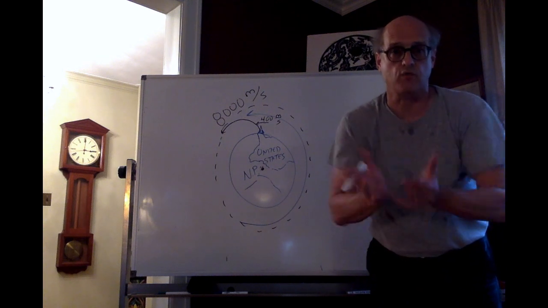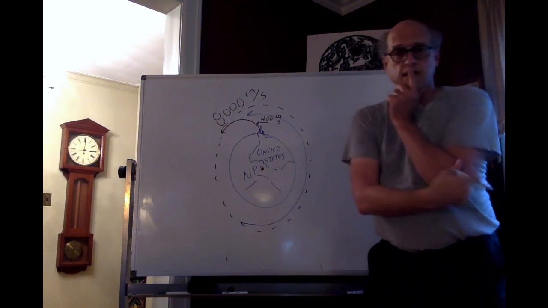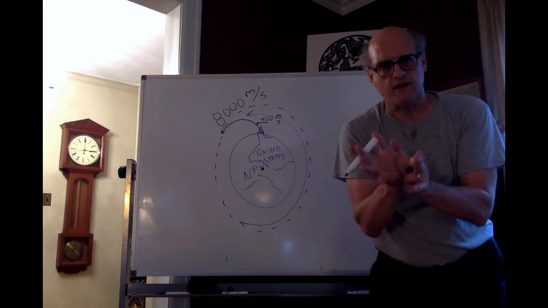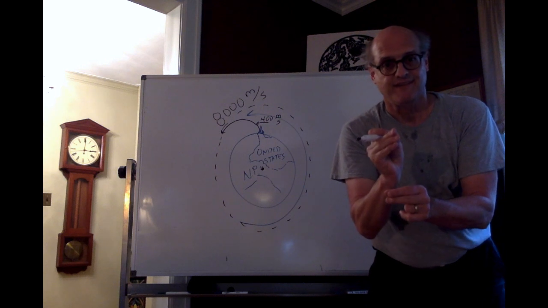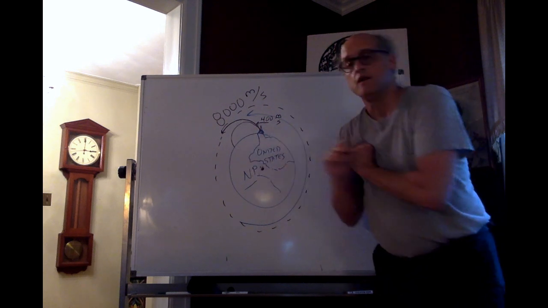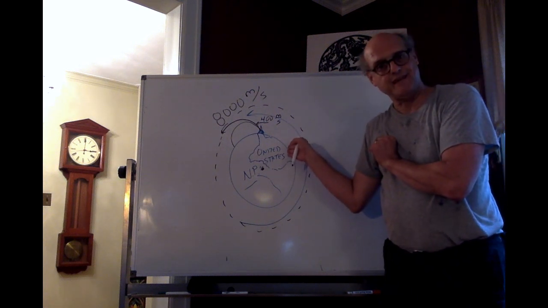Well, that will require more rocket fuel. So that's why they launch rockets on an eastward path. And that's also why they launch the big rockets on the East Coast, right? Because if something goes wrong, the rocket will simply crash into the ocean rather than over land. All right? Neat application.